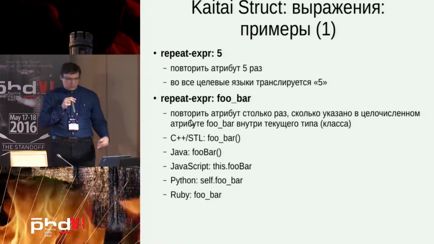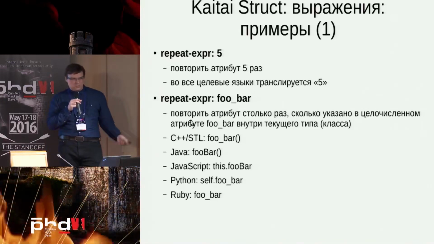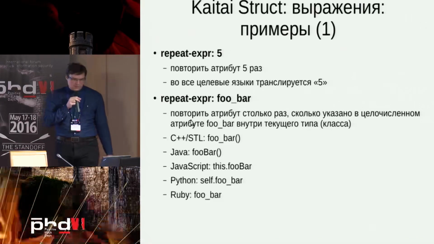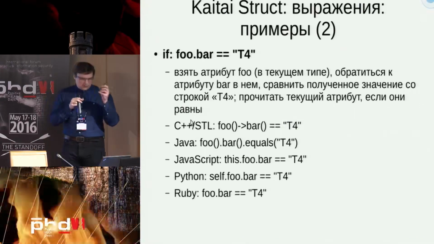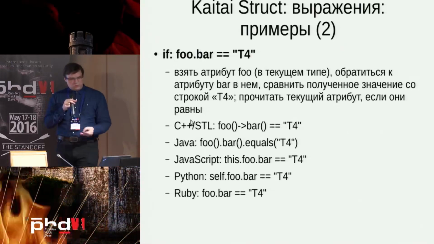You can indicate repeat-expr foo bar, which will mean to repeat the attribute as many times as indicated in the integer foo bar attribute within the current type or class.